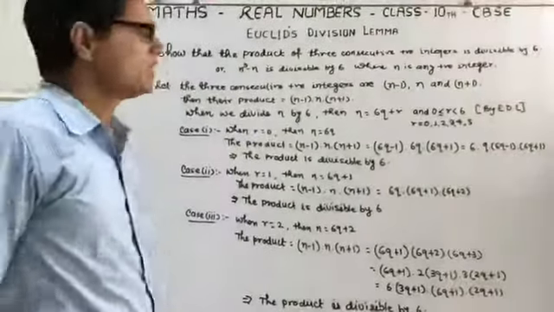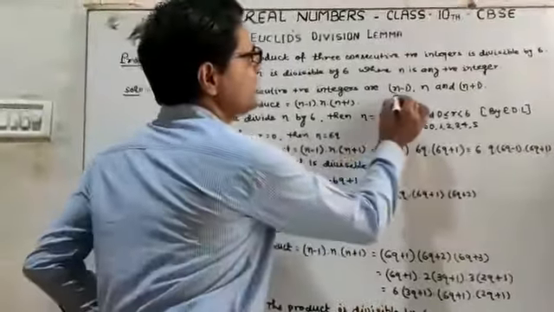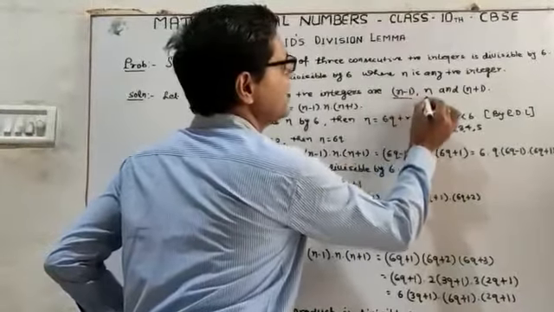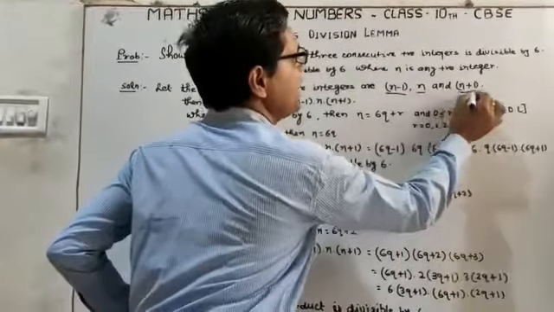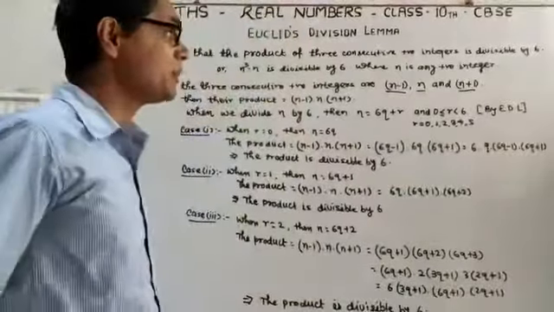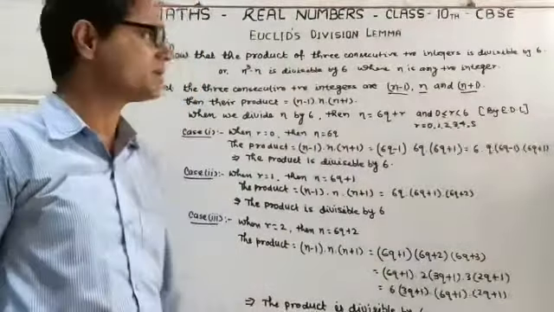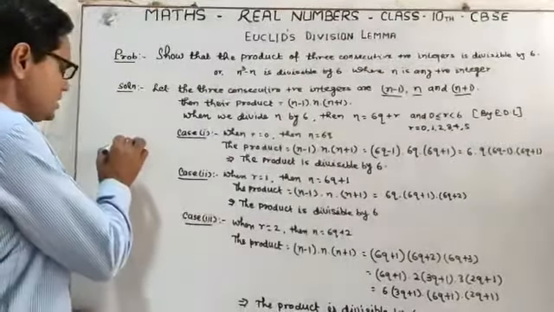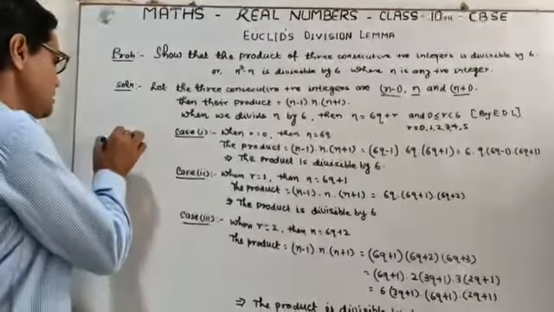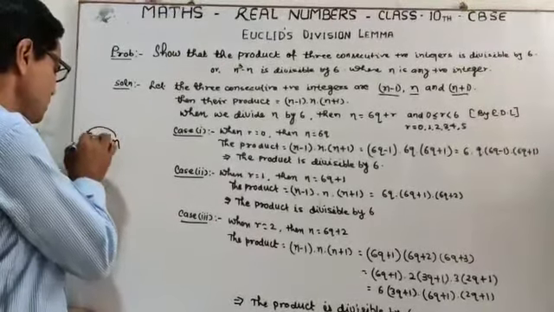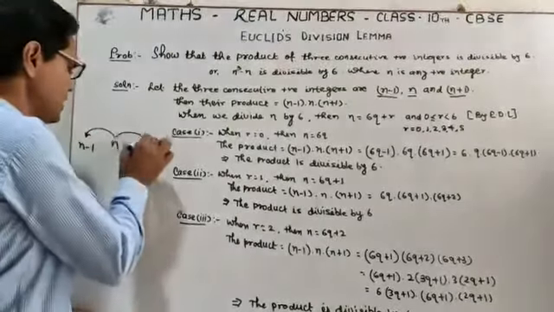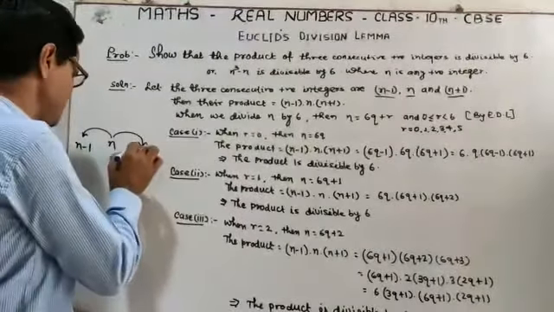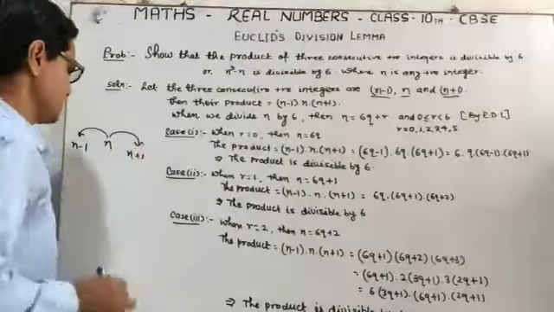Let the three consecutive positive integers be n minus 1, n and n plus 1.